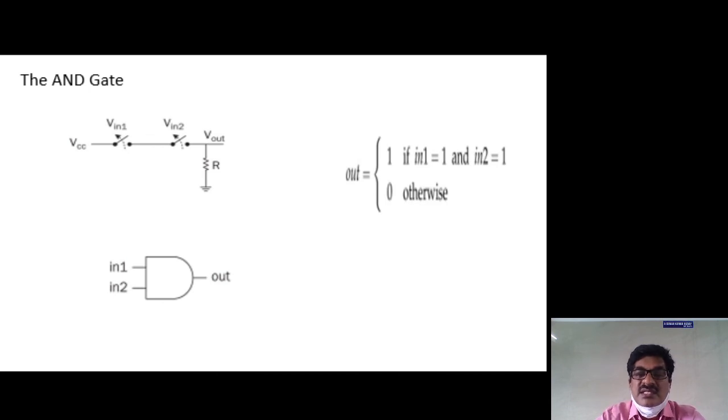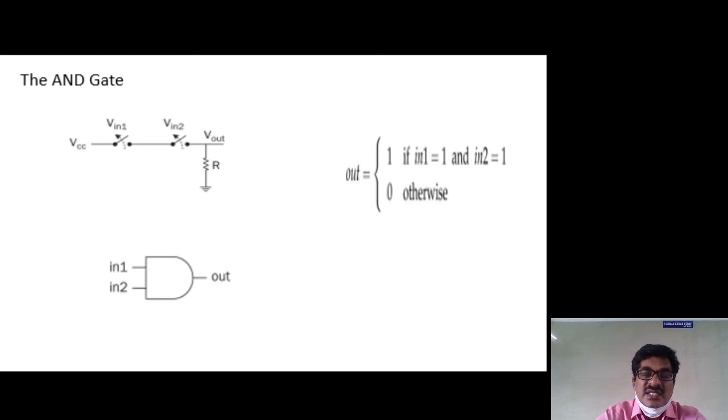So see the circuit action. Suppose both inputs are 0, 0. No switch is closed, so no current passes from one end to the other, hence the output is 0. Suppose one input is 0 and the other input is 1. Here also no current passes from one end to the other because the switches are connected in series.